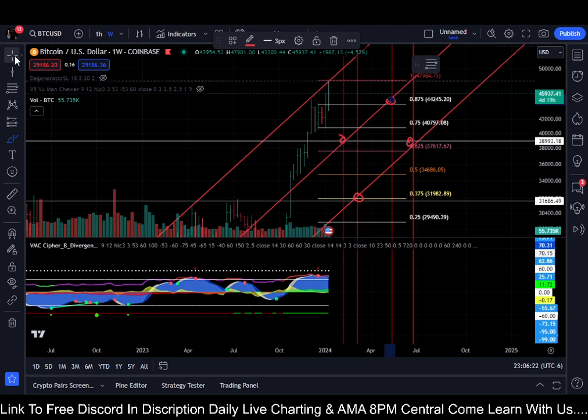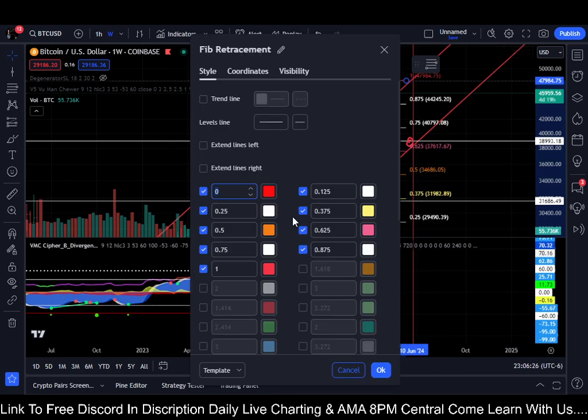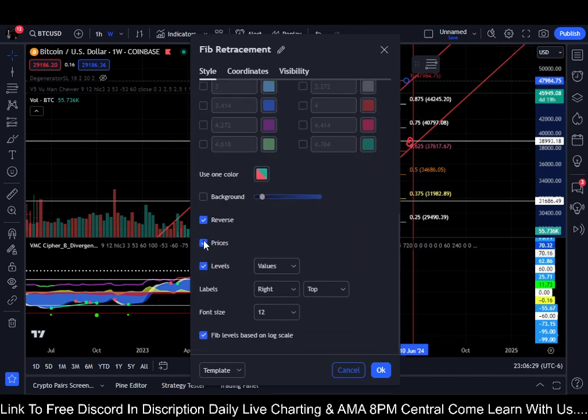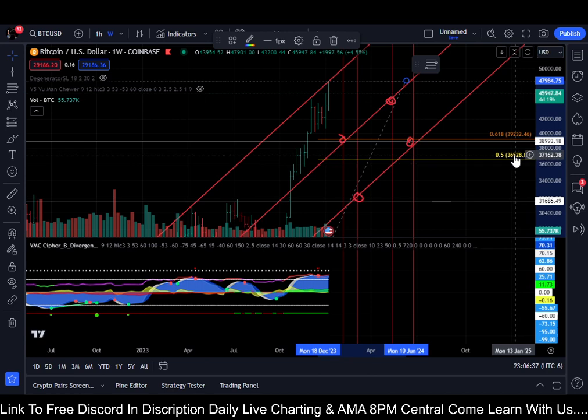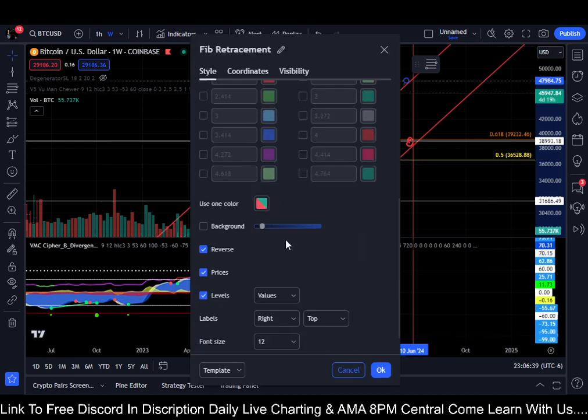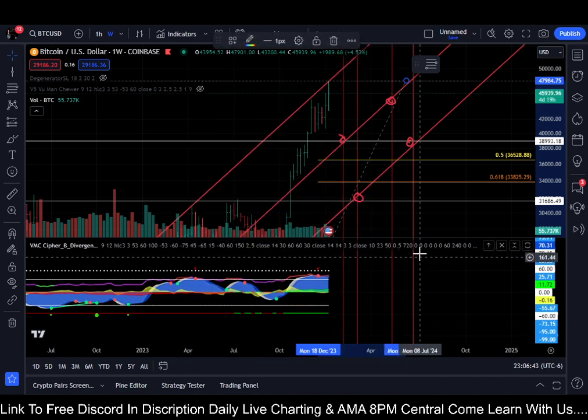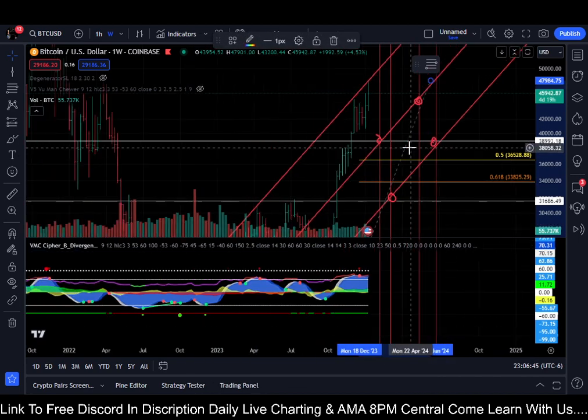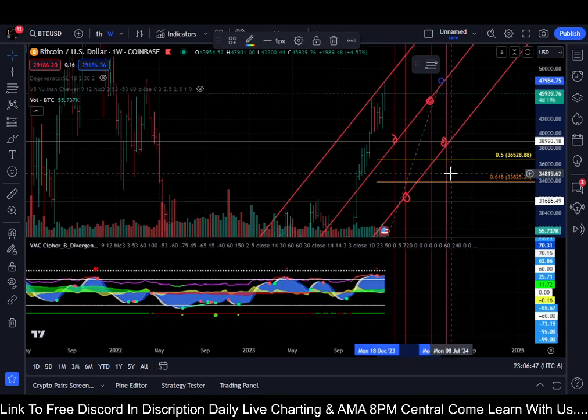So let's change this to our regular fib values. We'll look at our golden pocket. And we were looking for price to head down, so we'll flip that over. Local golden pocket is coming out dead smack in the middle.